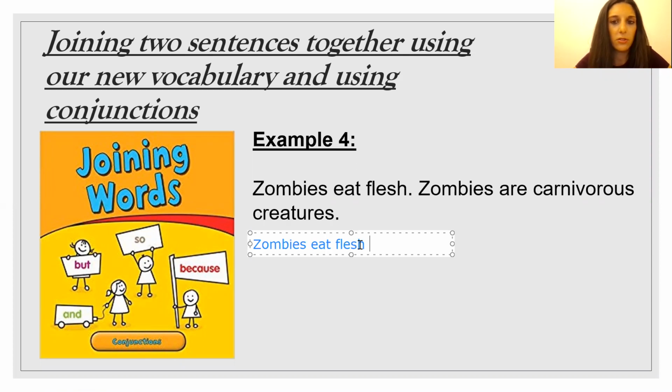Zombies eat flesh, so zombies are carnivorous creatures. Zombies eat flesh because zombies are carnivorous creatures. I like the word because as a connective or conjunction for this one, so I'm going to add that in. Zombies eat flesh because zombies are, and I'll make sure I spell this correctly, carnivorous creatures. And remember to put a full stop at the end.